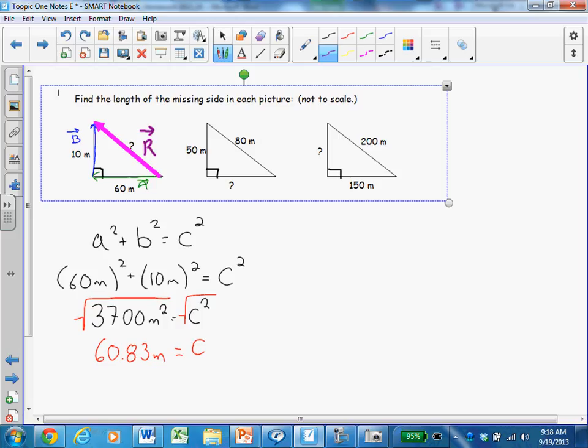So when you're summing vectors mathematically like that, before we used a ruler and a scale, right? Now we did the sum, but we can use mathematics to come up with it, right? How am I going to find this one?